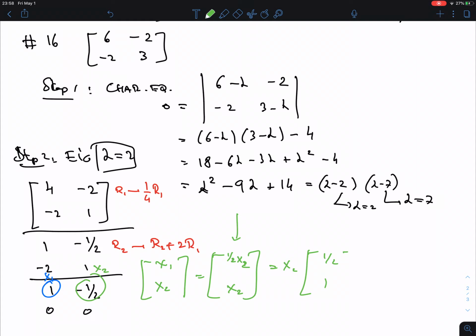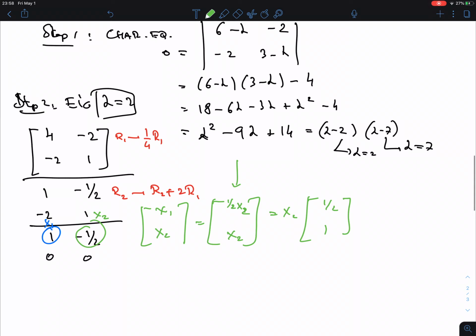A half, 1. Okay, and so we can now normalize this one, but we don't need to normalize this particular one because the fraction might be a little bit awkward to do that. So it's up to you whether you like to work with fractions or not. Why can we do this? Well, any element in here is a basis vector. All the vectors, multiples of this, form a line, right?